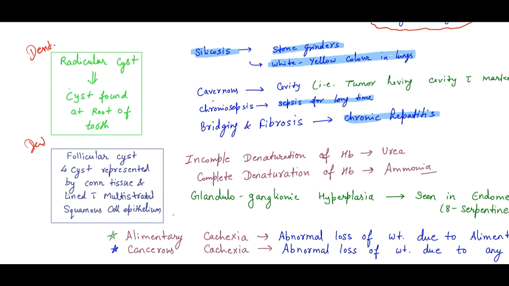If you are given radicular cyst, what is the radicular cyst? It is the cyst found at the root of the tooth. Follicular cyst is represented by connective tissue lined with stratified squamous epithelium. Remember these questions from dentistry, they can be asked.